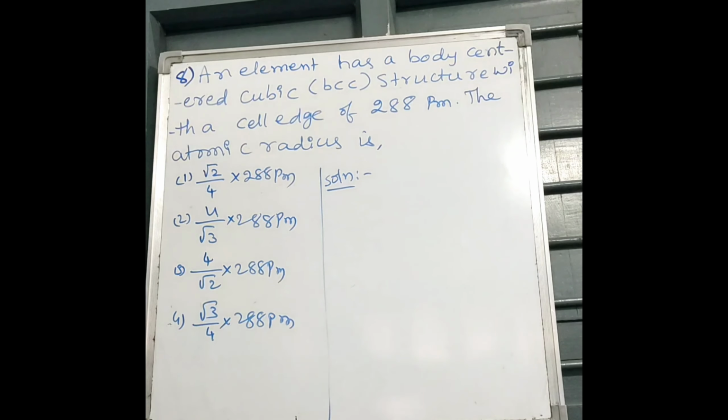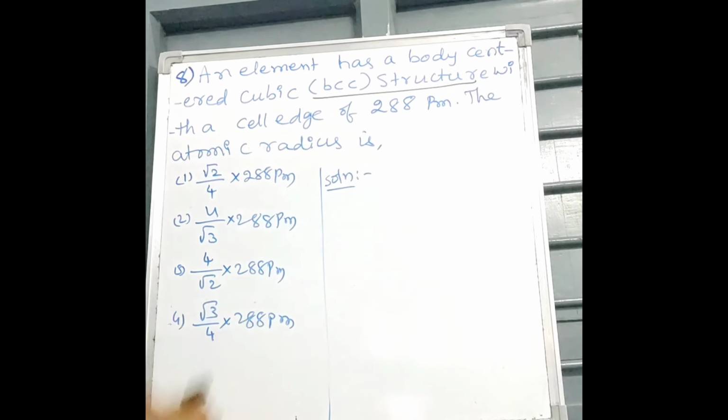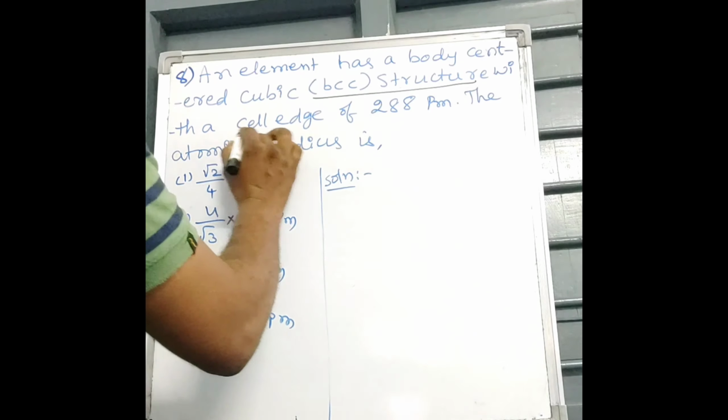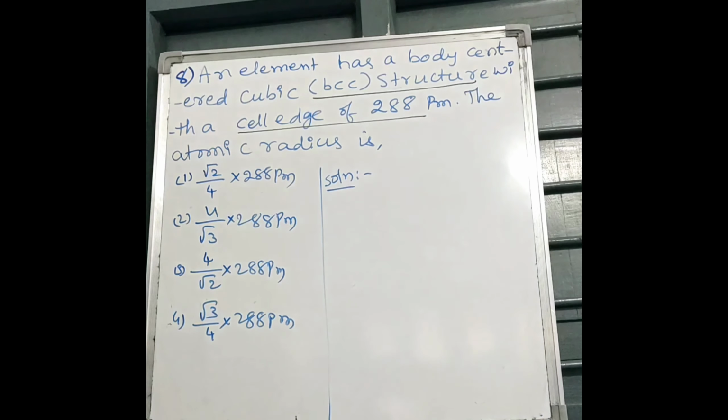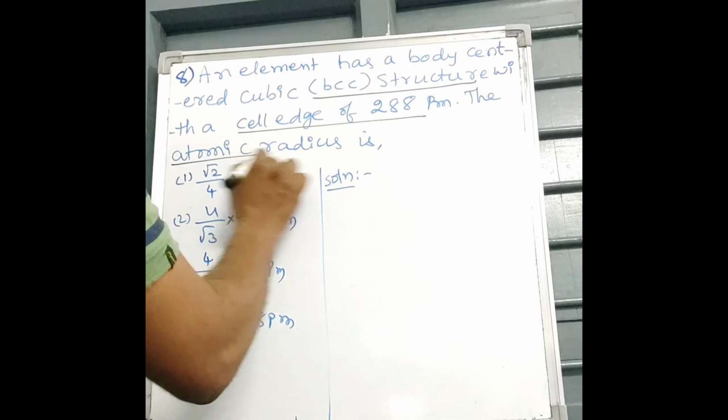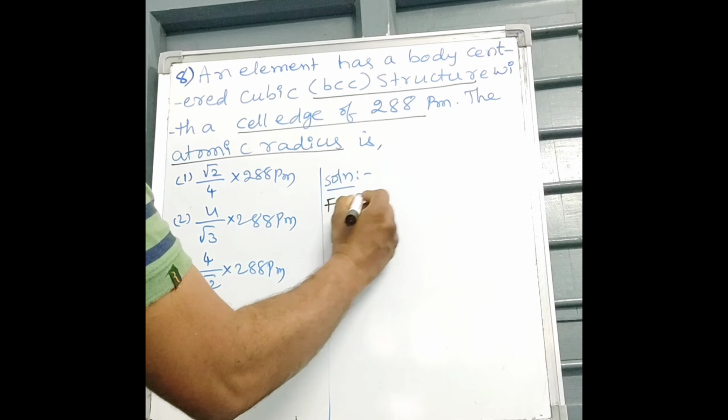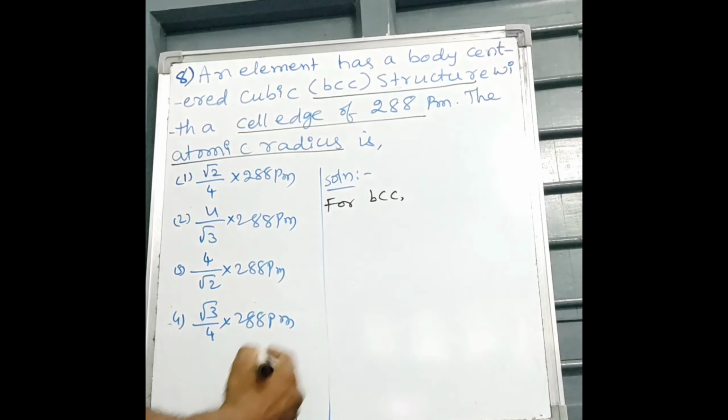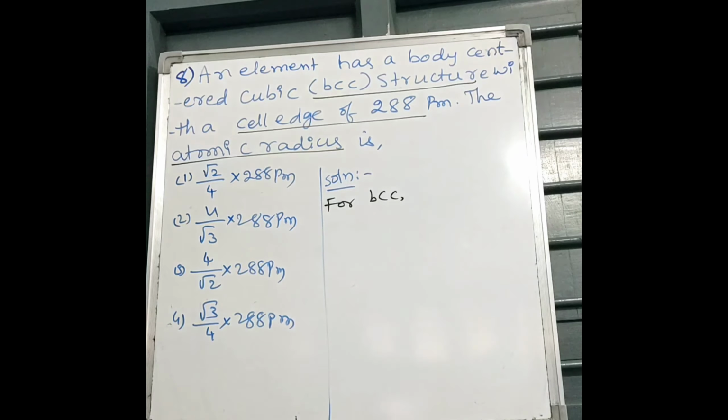Next question is from solid state chemistry. An element has a BCC structure with a cell edge, meaning edge length, equal to 288 picometers. What is the atomic radius? You know, for a body centered cubic structure, what is the formula to know the radius?